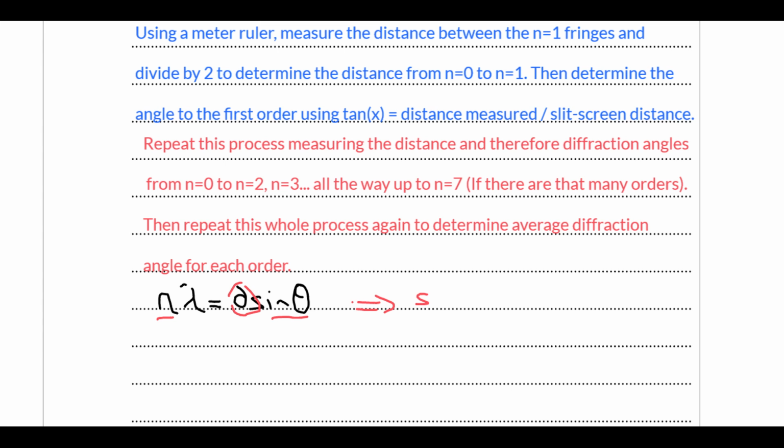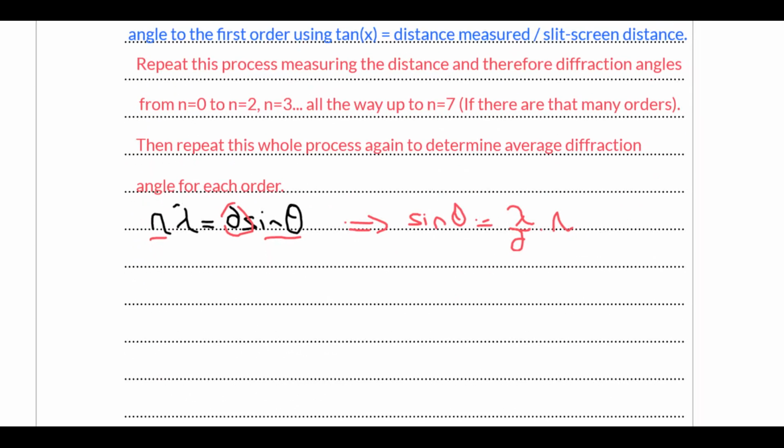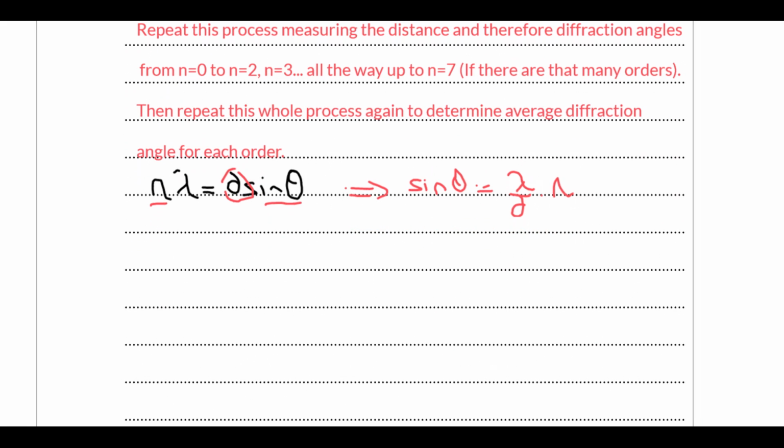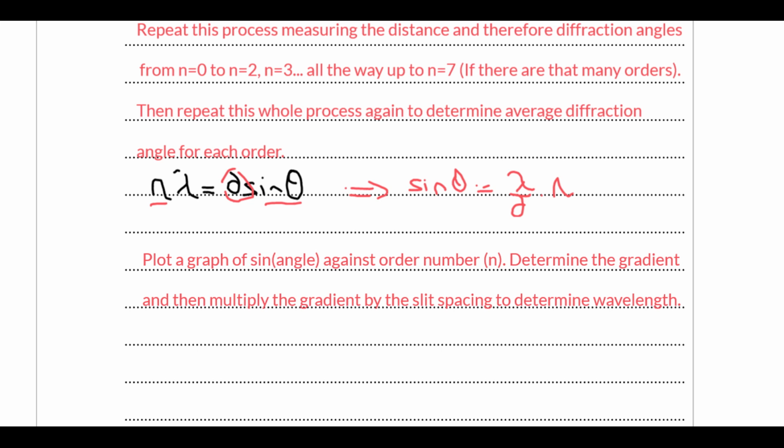So sine theta is lambda over d, that's the gradient, times the order. So what we're going to do is plot a graph of sine theta against n, and multiply the gradient by the slit separation to give the wavelength. So that's what we've got there.